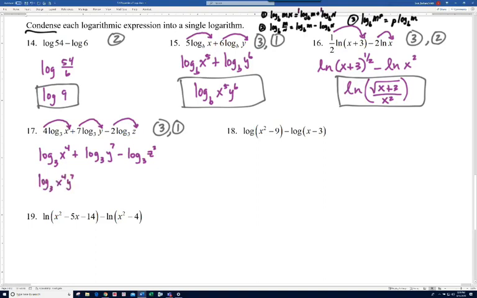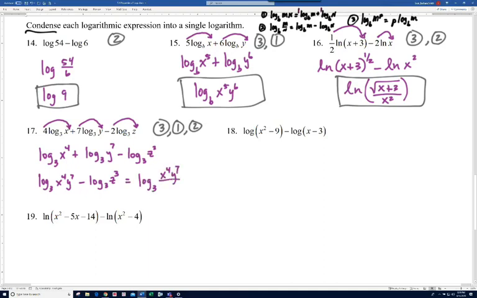And this becomes the log base 3 of x to the 4th times y to the 7th. And then don't forget we have minus log base 3 of z cubed. And then this can be written using the quotient rule. So now we can combine this into one log.